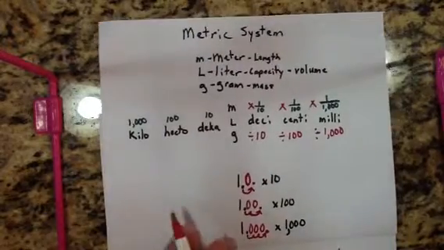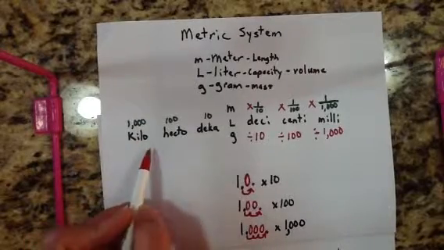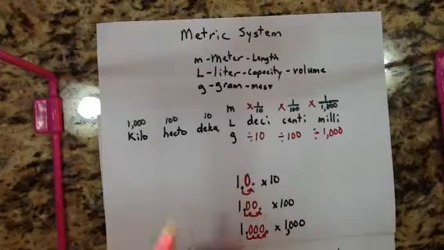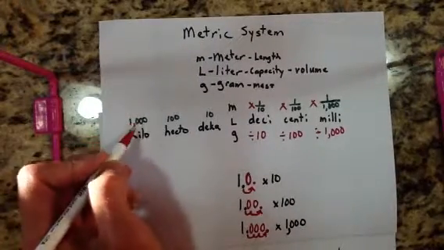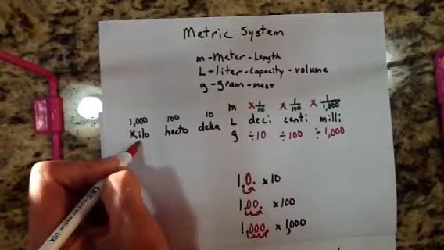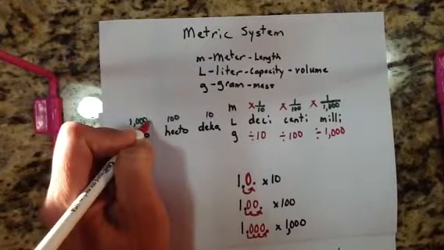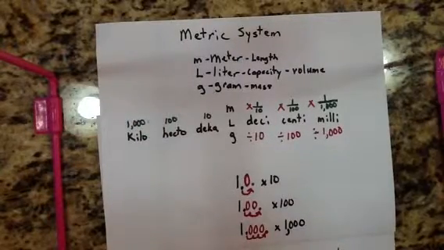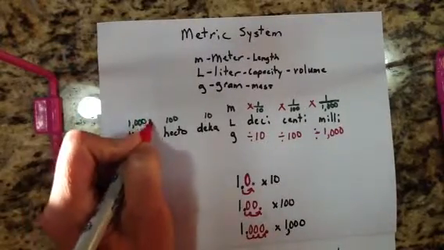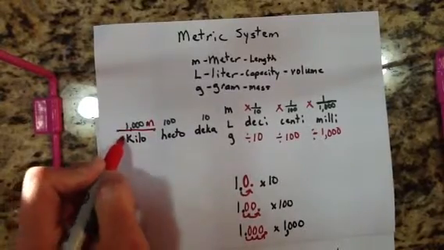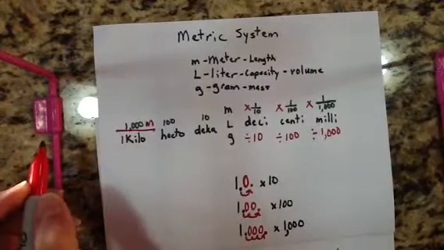First of all, yesterday, as we looked at the metric system, we discovered that a kilometer would be 1,000 meters to 1 kilometer. So 1,000 meters to 1 kilometer.